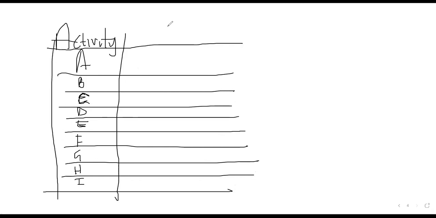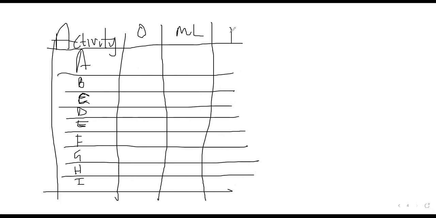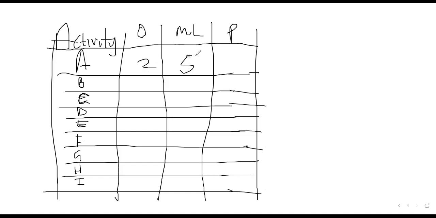So for this one, we have optimistic time. O is representing optimistic, M most likely, and P is standing for pessimistic time. So for A, we have 2, 5, and 14. Then 1, 10, and 12.